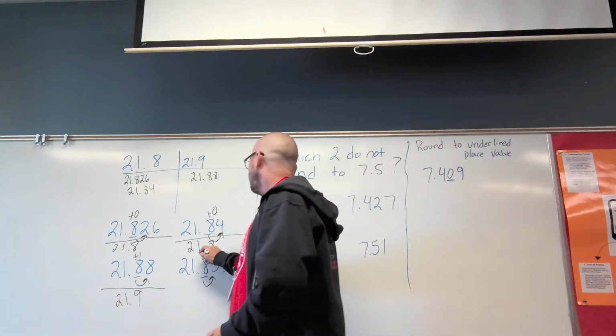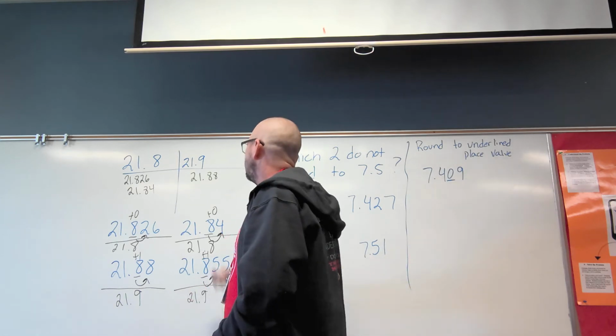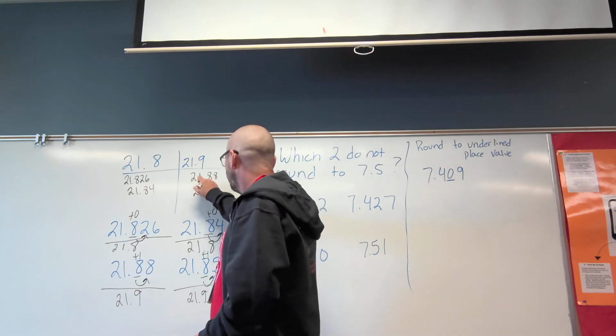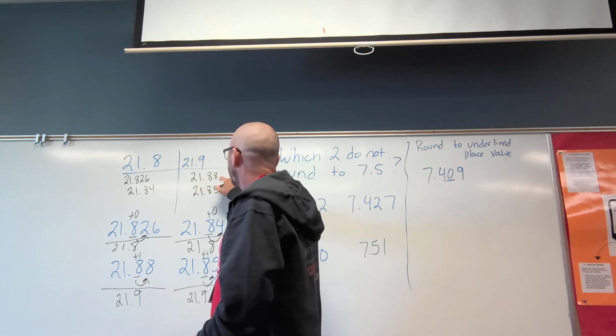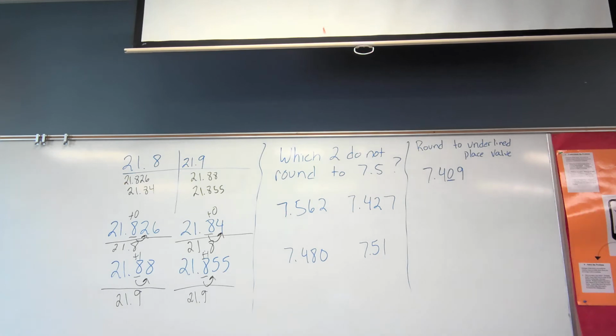So if we add 1, that's a 9, and we have 21 and 9/10. So 21 and 855 thousandths rounds to 21 and 9/10. Easy peasy, raw chicken squeezy.